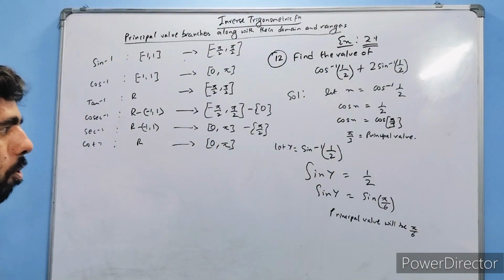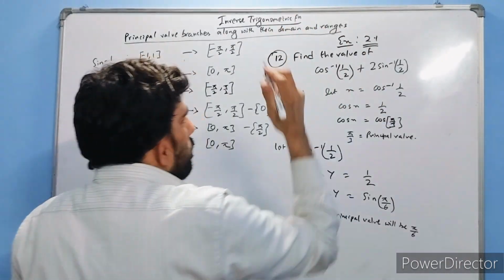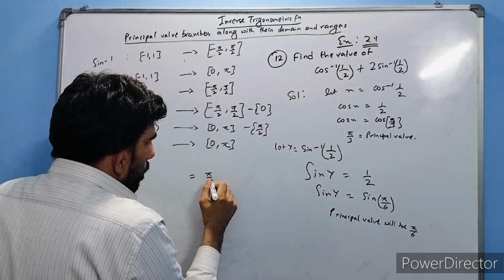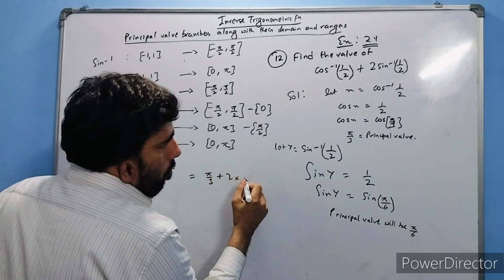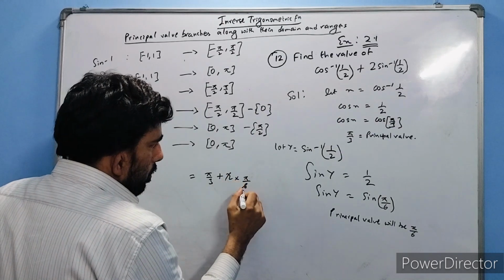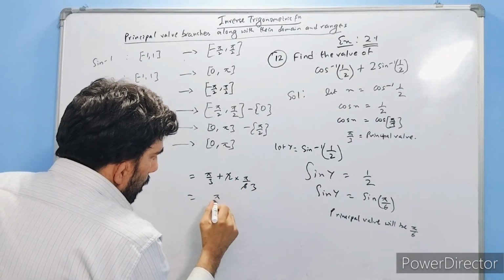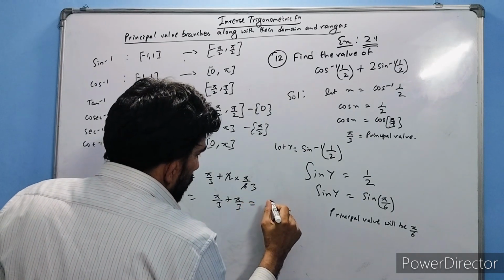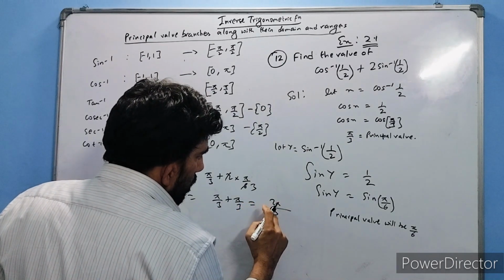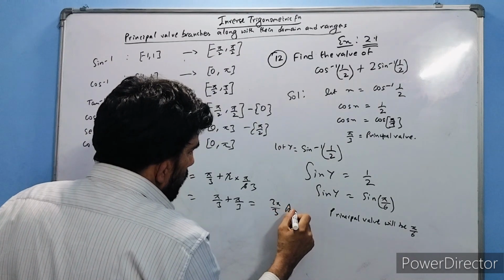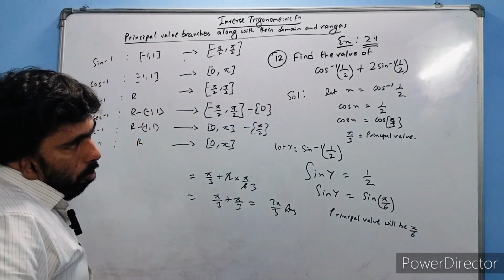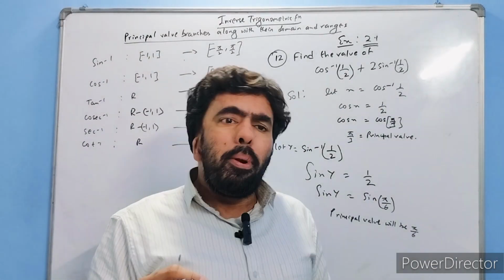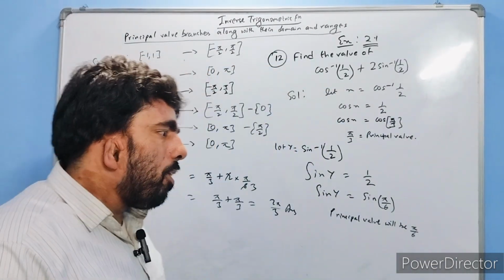Now let us add. We got cos inverse half as pi upon 3 plus 2 into pi upon 6. So pi upon 3 plus pi upon 3, we got 2 pi upon 3. That is its value. That is how we are able to find the principal value of inverse trigonometric functions.